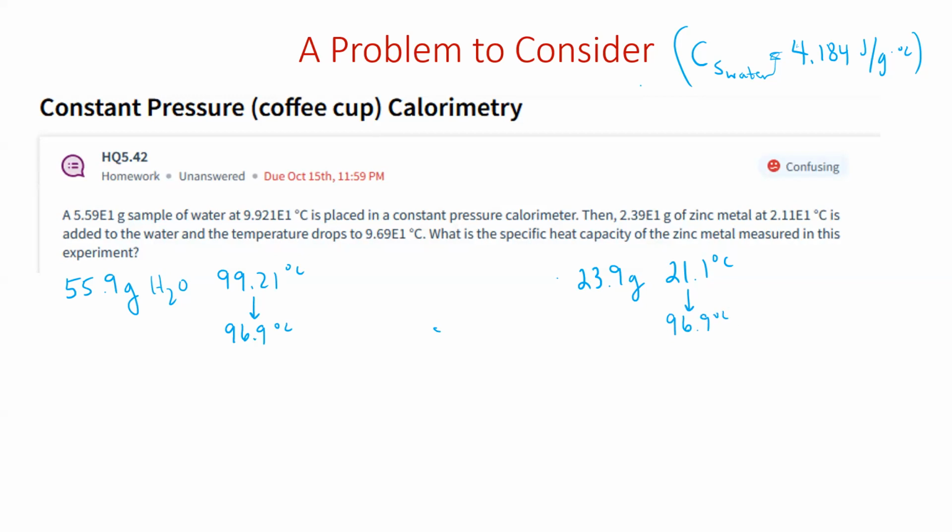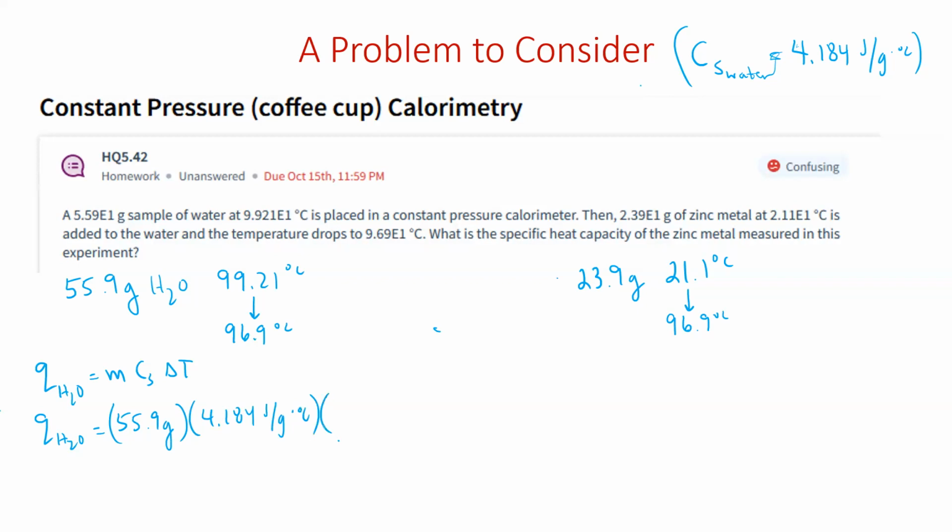So now we're going to do the same calculation twice. We're going to do Q equals MC delta T. We're going to do it once for the water. So Q for the water equals MC delta T. My mass of water, 55.9 grams. My specific heat of water, 4.184 joules per gram degrees Celsius.